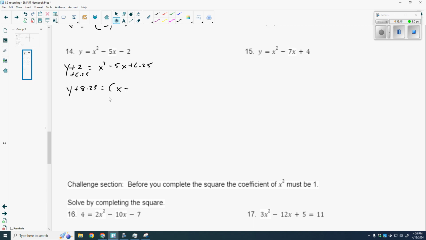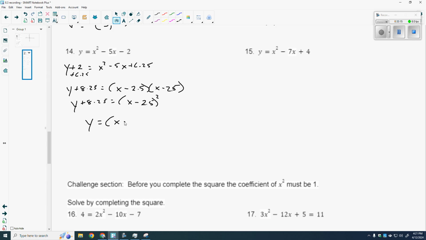Right-hand side becomes x minus... When I divide this by 2, I get 2.5, and I get another 2.5. And so I get y plus 8.25 equals x minus 2.5 squared.